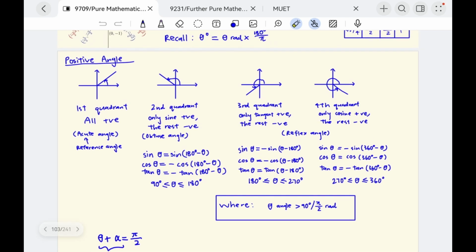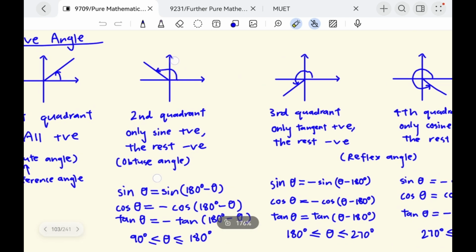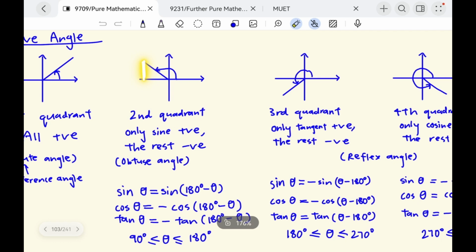Alright, let's take a look at the second quadrant. This is the positive y direction and negative x direction, which is known as the second quadrant. Why does the sine become positive here? Because the y direction is positive, whereas the x direction is negative.